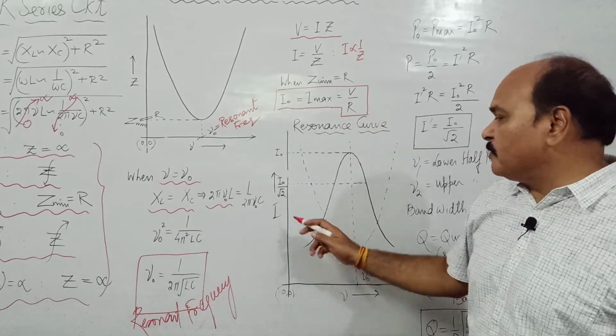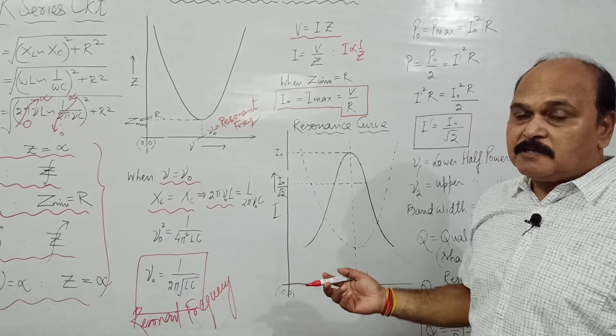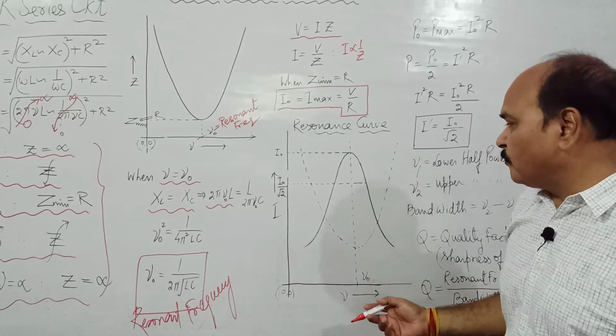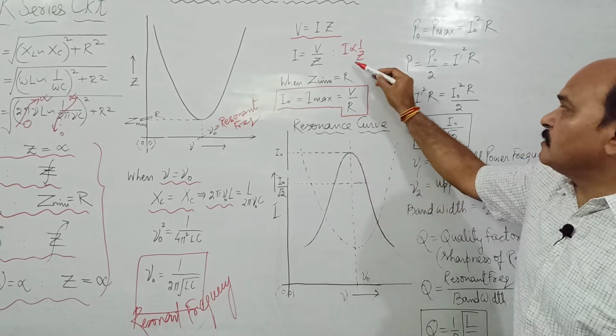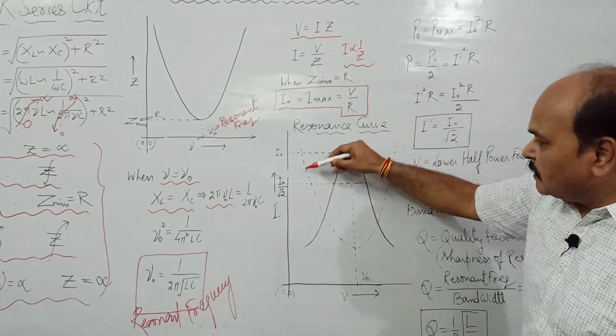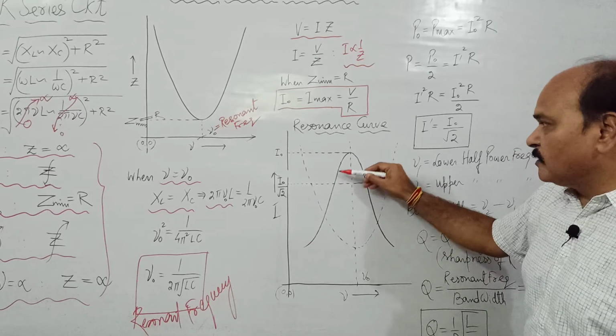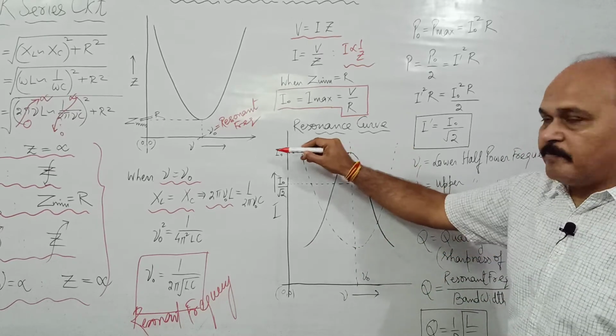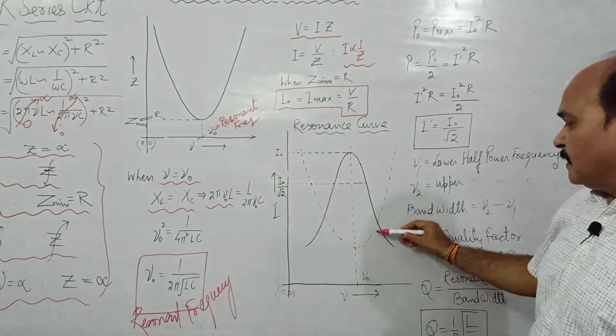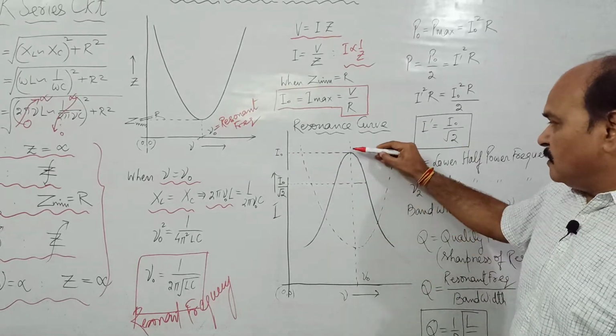And if you plot a graph between I and frequency, the current against frequency, what do we get? See, I is inversely proportional to Z. As the value of Z decreases, current I has to increase. And when the Z becomes minimum, the value of current is what? Maximum. As the value of Z further increases beyond resonant frequency, the value of current decreases.